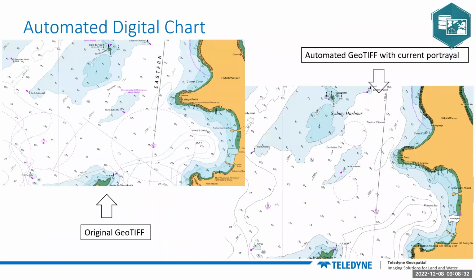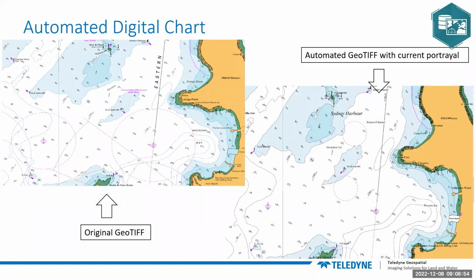So part of that scoping and part of that work has been to generate images and to generate those automated products, but with an eye to comparing them against what is currently produced in the traditional workflows at present.